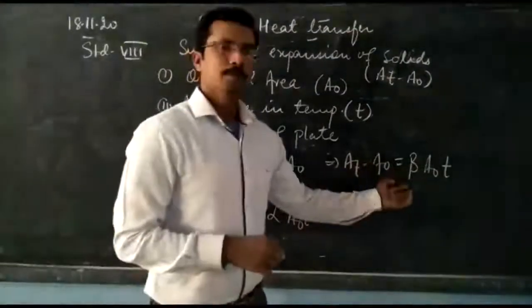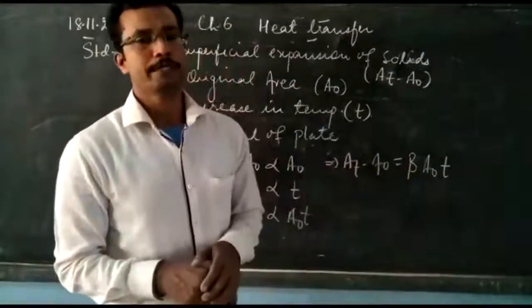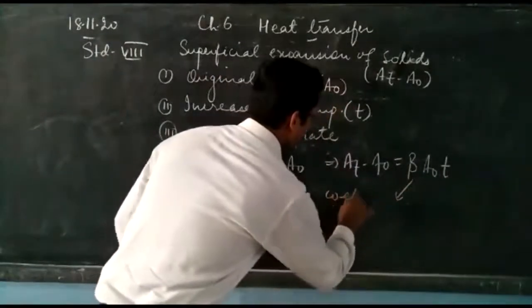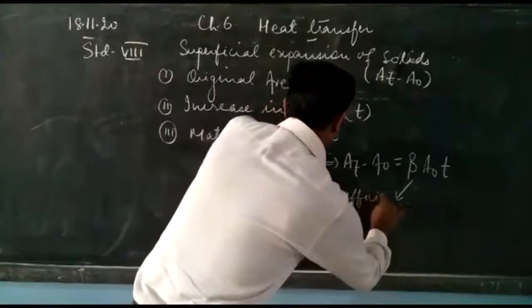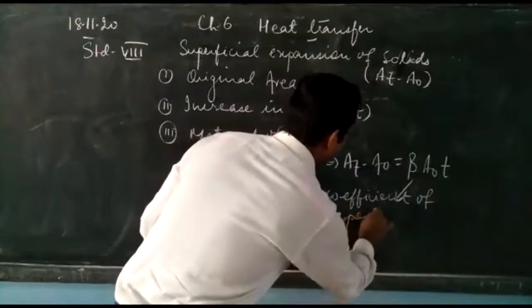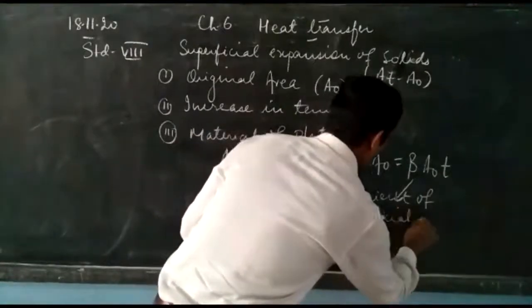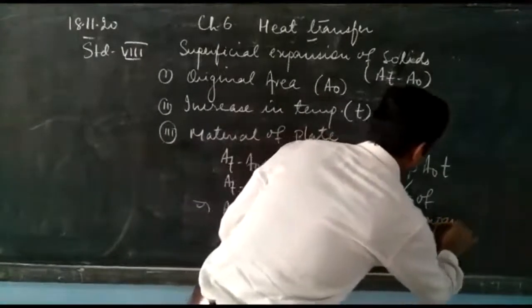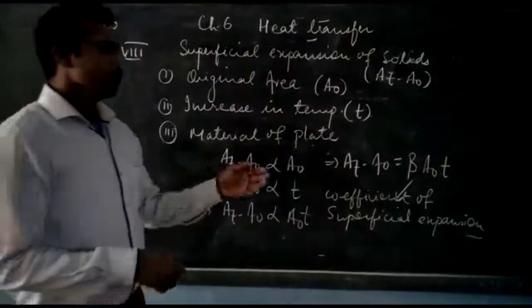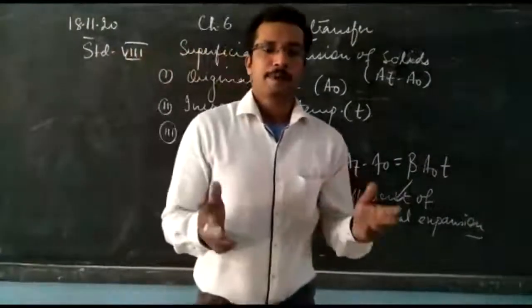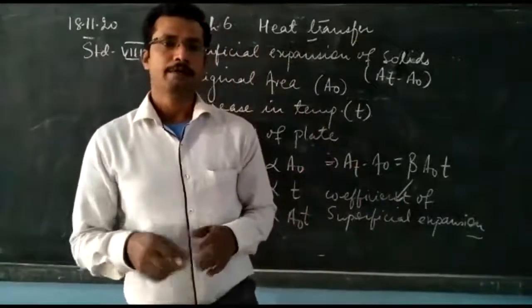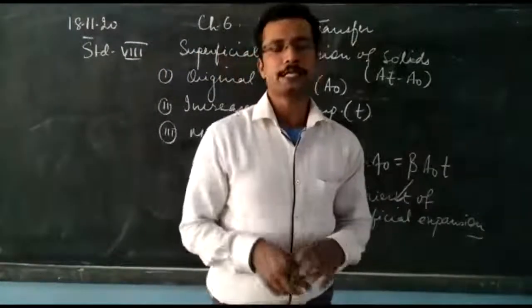Now beta is the coefficient of superficial expansion. Which also means the expansion which takes place in a plate or in a metal sheet when it is heated through 1 degree Celsius.